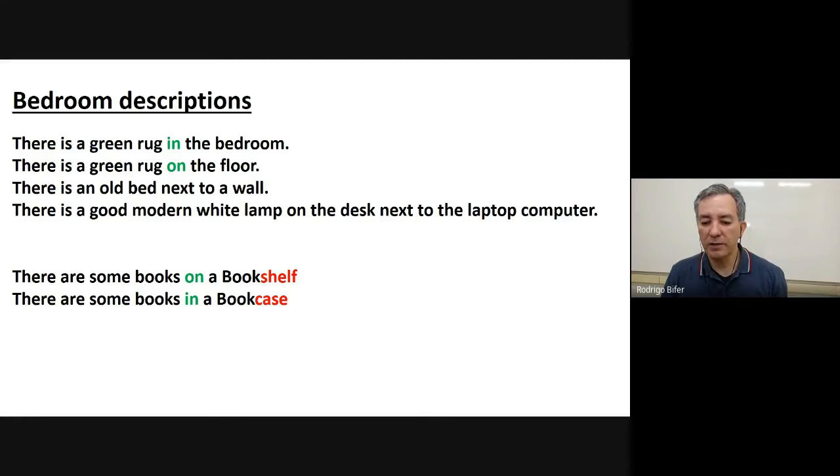So on the desk is the preposition for where the lamp is, because it's touching the desk. And next to is a preposition that shows where the lamp is in relation to the computer, okay? So here we have 2 prepositions, on and next to, okay?